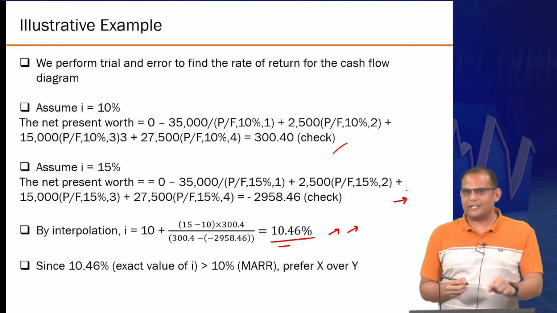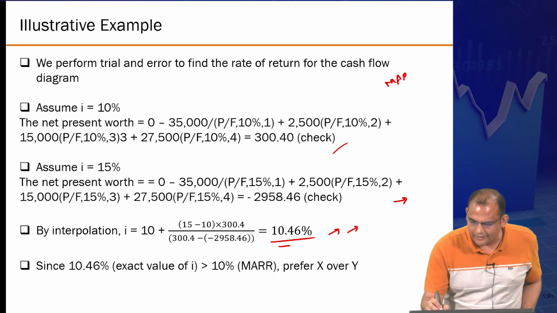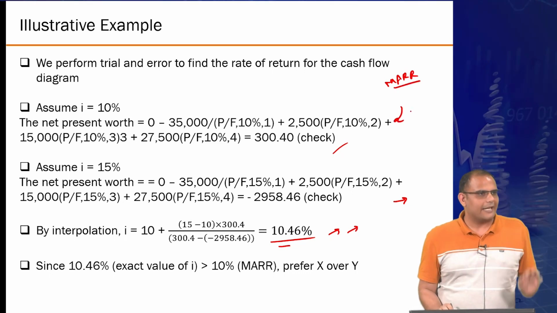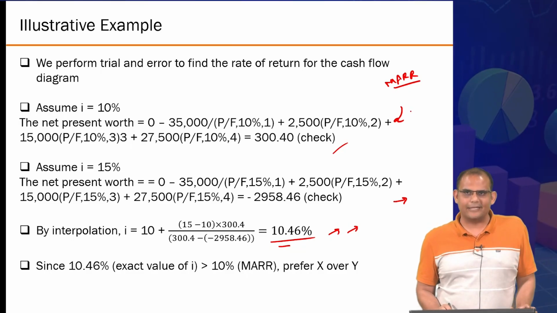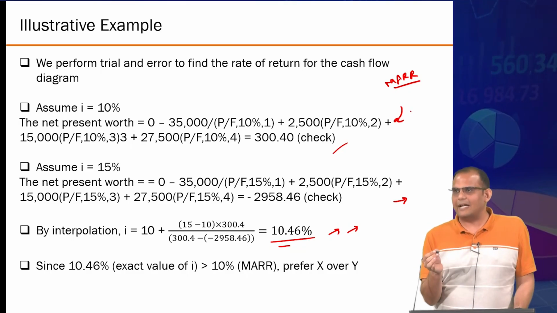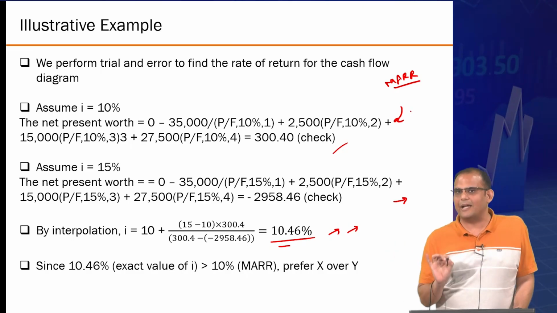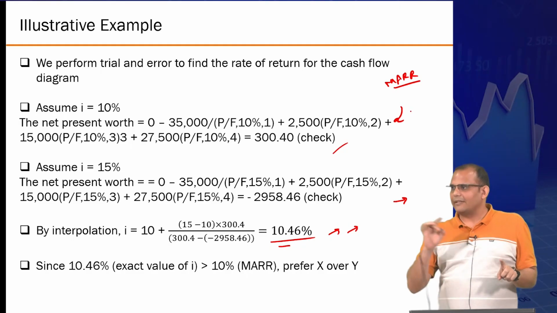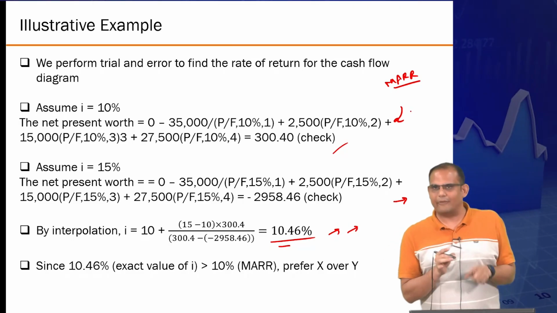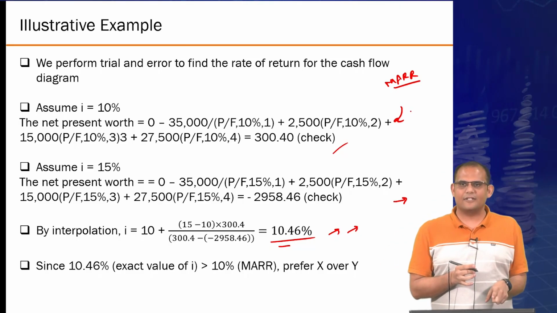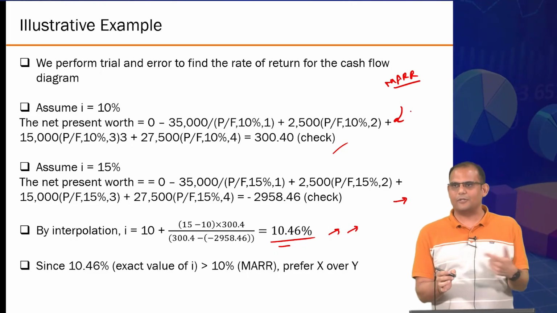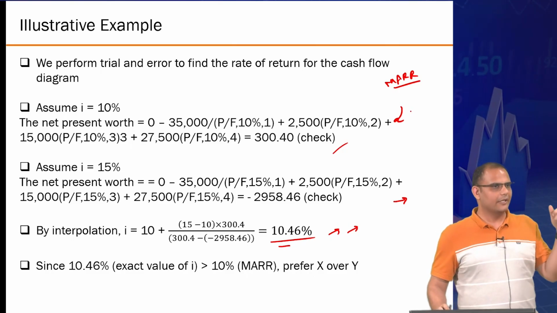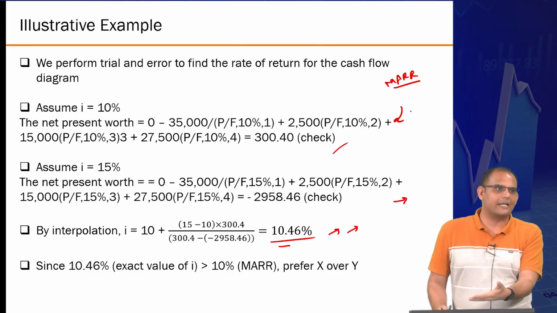Just the first calculation: when you know your MARR value and you calculate present worth at MARR, if it gives you a positive value, it means the actual I star would be higher than your MARR. Your decision is already clear that X will be preferable over Y. If the question is only about the decision, you can make it immediately.